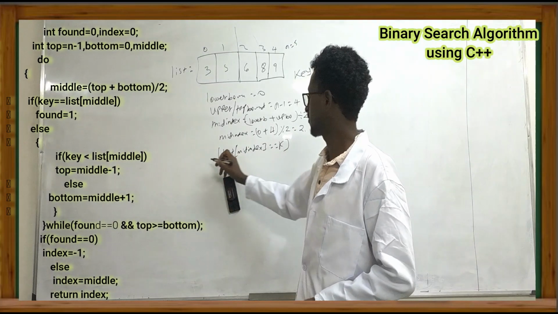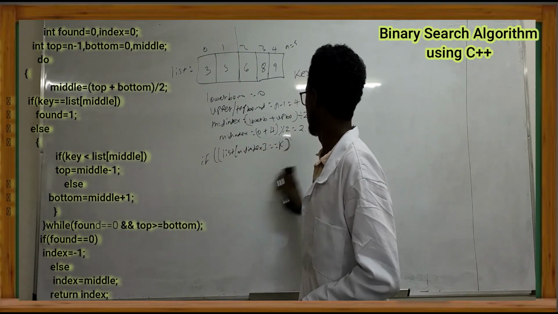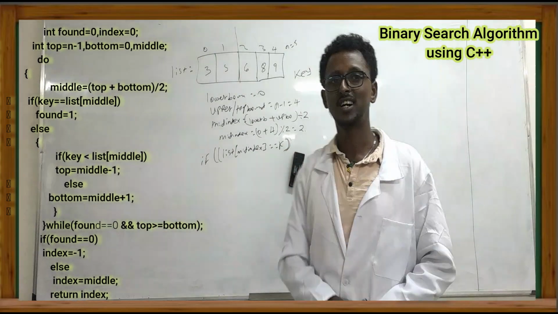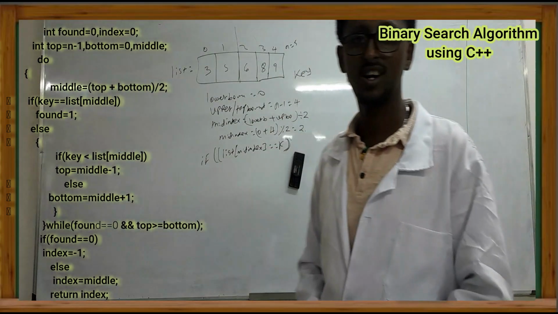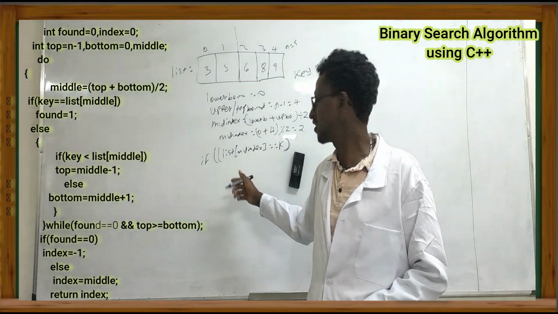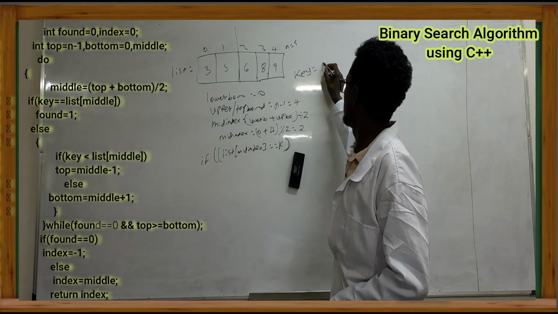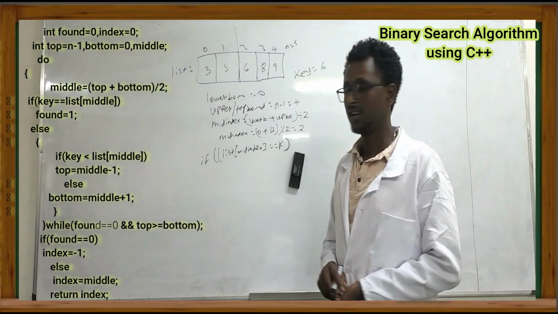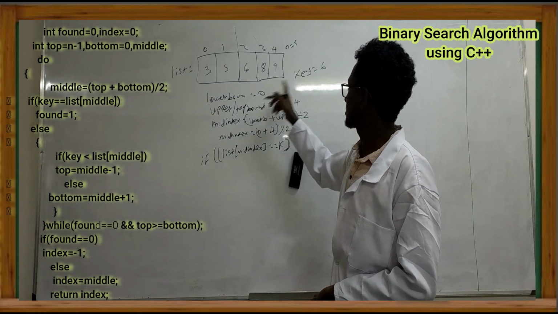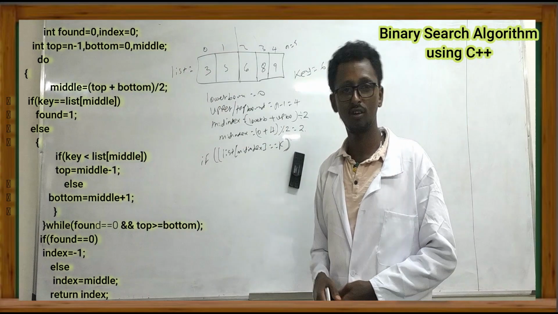If this condition is true, your search is done. For example, if the middle value is 6 and the required target is 6, then 6 is equal to 6, and it is right.